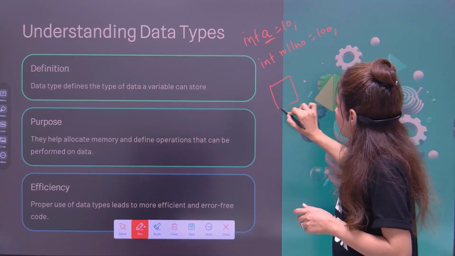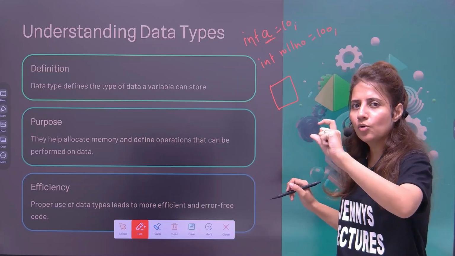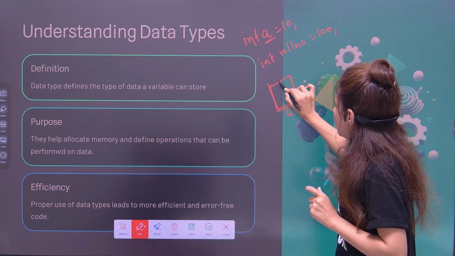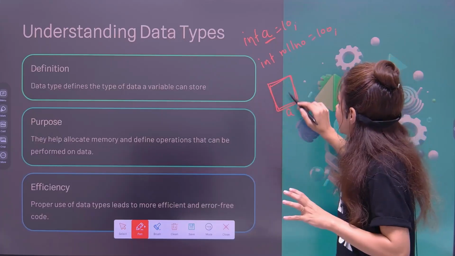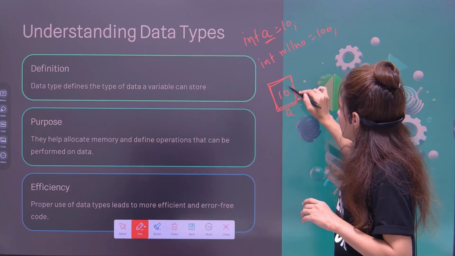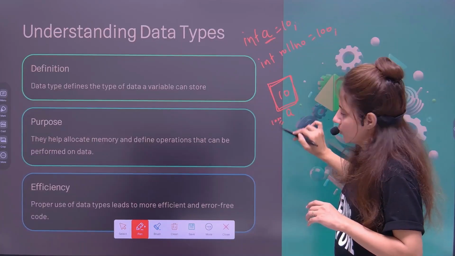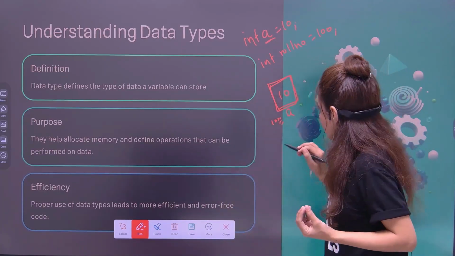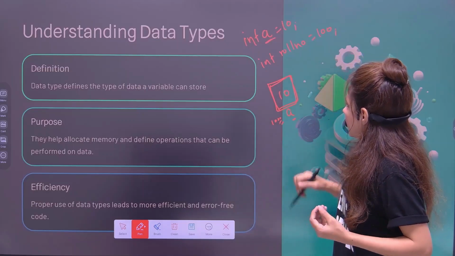In memory some location would be allocated to it. A is the name of this container. The value here is 10, the name is a, and there is some address, suppose 1000. Addresses would be in hexadecimal form, but for simplicity I am taking 1000. So this is the name of that variable.